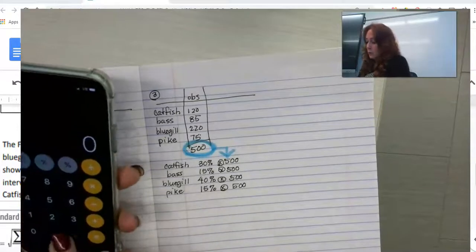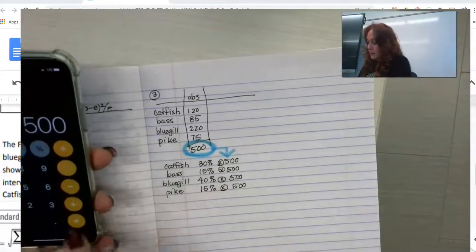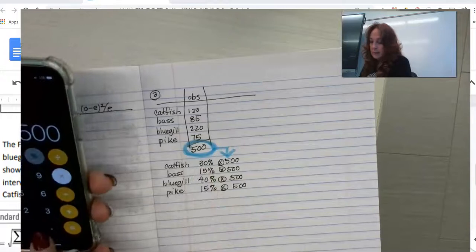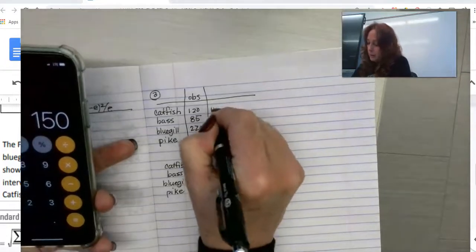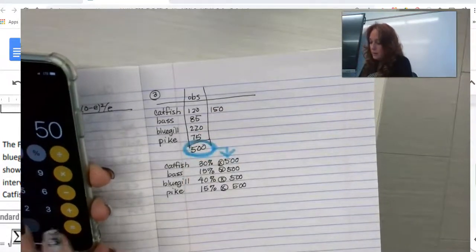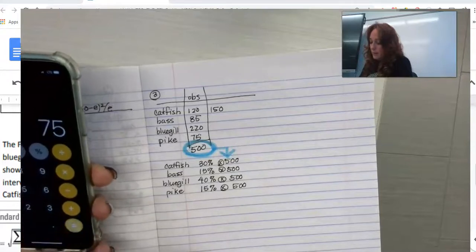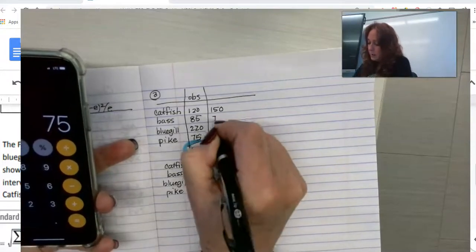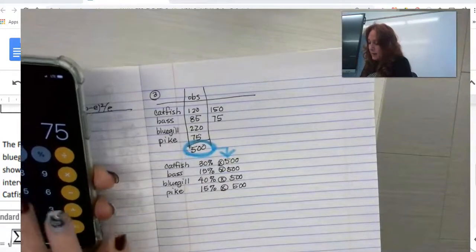So I'm going to take 500 times 30% as a decimal, 0.3, and I get 150. 500 times 0.15 for the number of bass I would expect, 75.